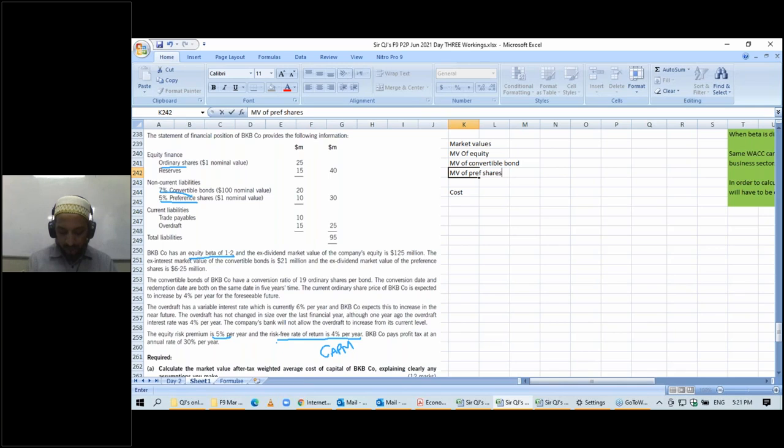Then KE will be the cost of equity, KCB will be the cost of bond, and KP will be the cost of the preference shares.